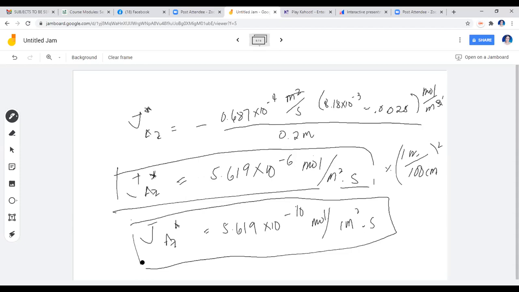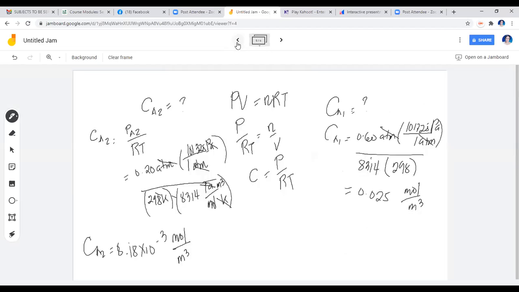What's the difference of my units from the one? Is my 8.314 correct in units? Is this in mole here or per kilomole? Let me check the conversion, because the problem has an answer in the book and it's in kilomole. It should be in kilomole.